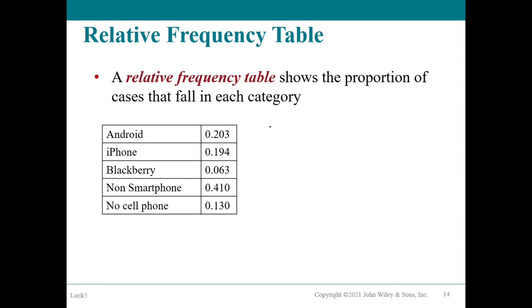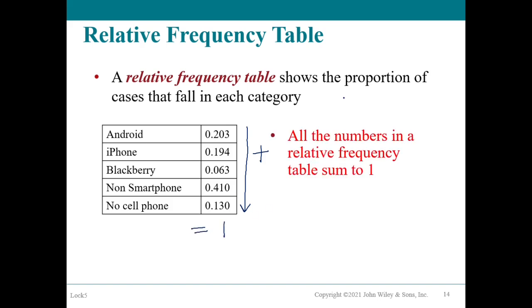There is one more thing. In the relative frequency table, you have to check the summation of these relative frequency values. If you get the sum of these values, it must equal 1. See, all the numbers in the relative frequency column sum to 1.